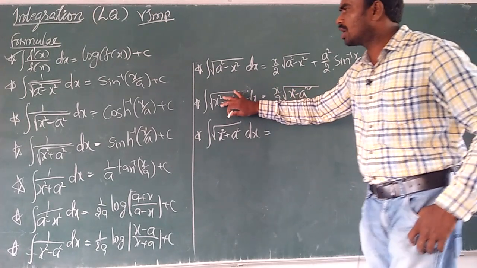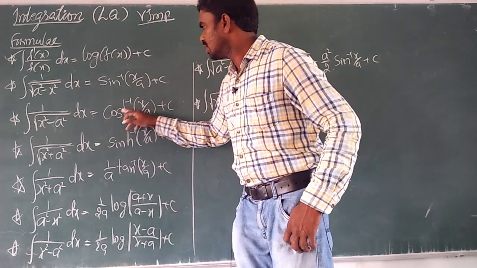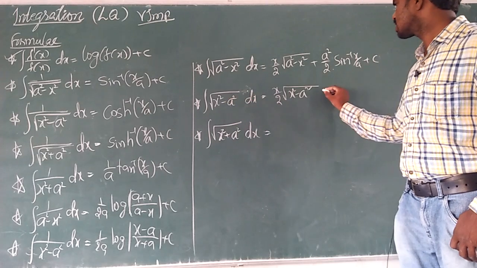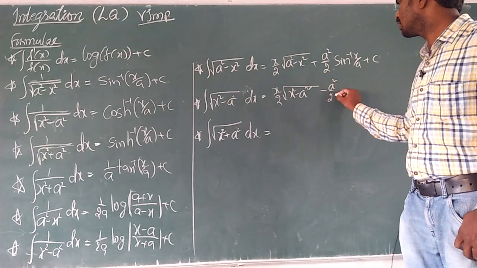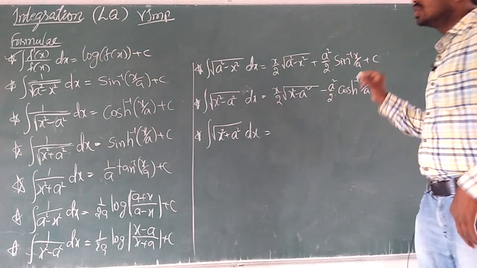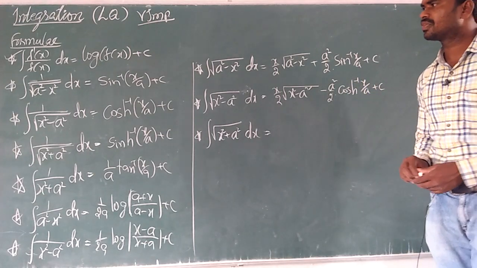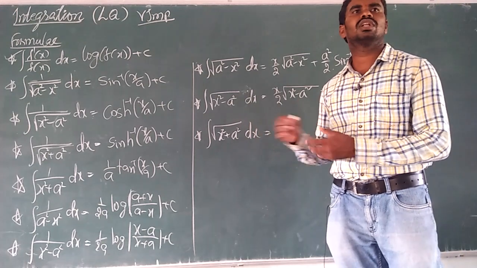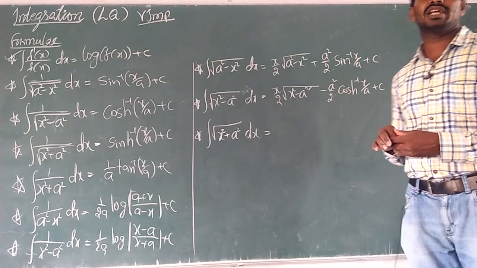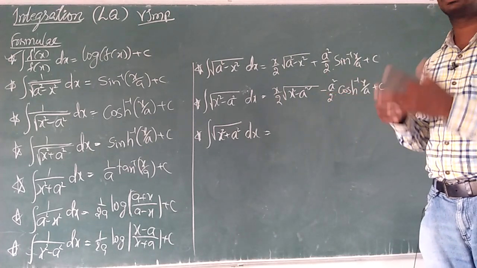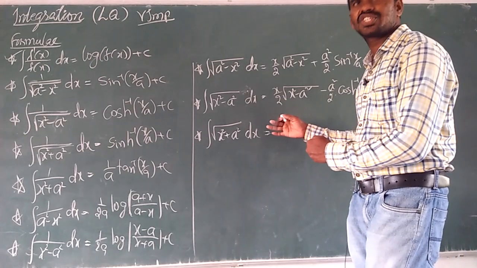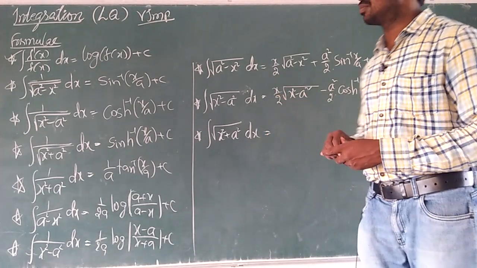And the formula for root of x square minus a square gives cos h inverse x by a. But here a square carries a minus, so we get minus a square by 2 into cos h inverse x by a. So don't worry about the difficulty. If we solve 7 marks long questions, we can remember this automatically. Without these formulas also, I will tell you how to do 7 marks questions. First, let us just write them and enter into 7 marks problems.